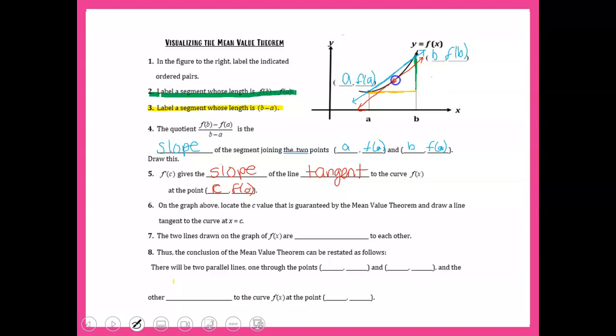And again, that's my prediction, because I feel like if I draw a line there, it's pretty parallel to the curve. Because if I drew a line down here, that's not going to be parallel to the blue line.